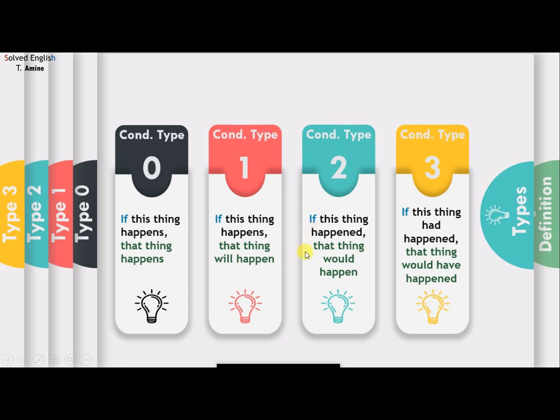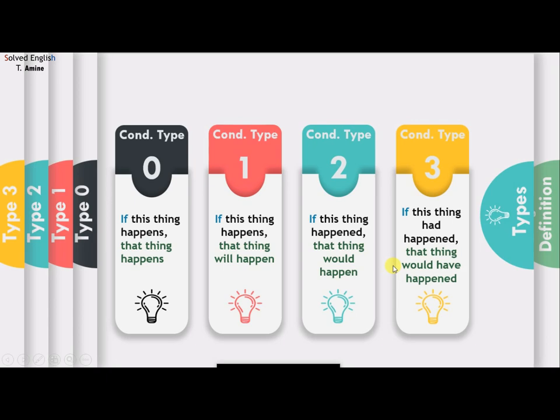The other thing that I want you to pay attention to is that in all of these conditional sentences, there are 2 parts. In each sentence, we have 2 parts. The first part is called the if clause because it starts with an if. The other part is called the result clause.